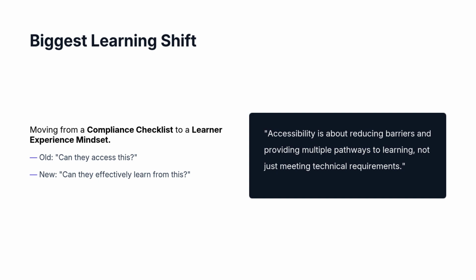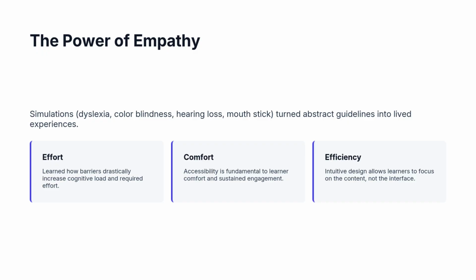The empathy challenges were probably the most memorable part of this course. The hearing loss simulation helped me understand that accessibility is not just about captions. Learners can also miss tone, emotion, emphasis, and context. The color blindness simulation showed me how much information we often communicate through color alone.